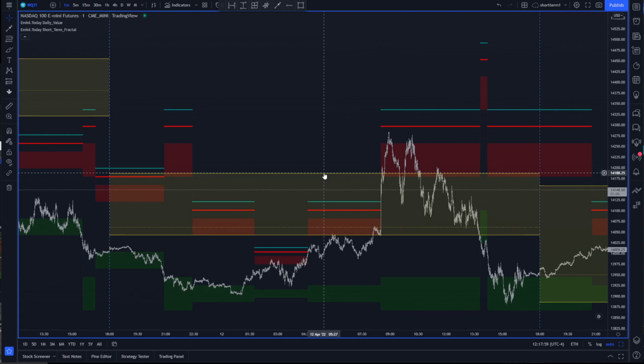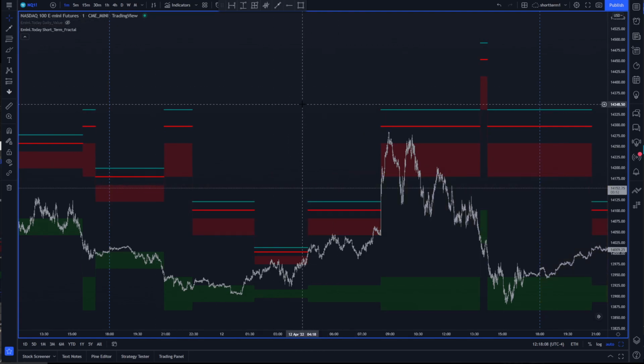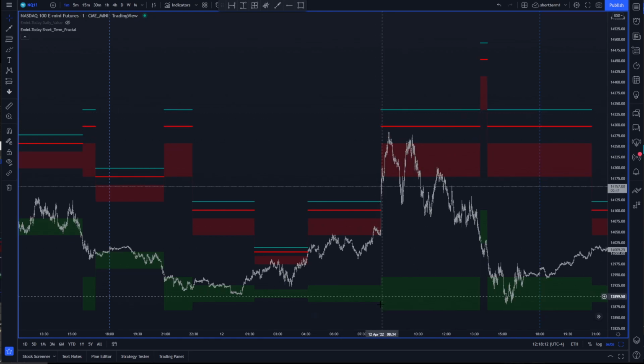Some people want to just take money and get out. So the targets are pretty natural. If you're entering in this fractal here, then the opposite side of this fractal is here, at this green zone. So this is your target.